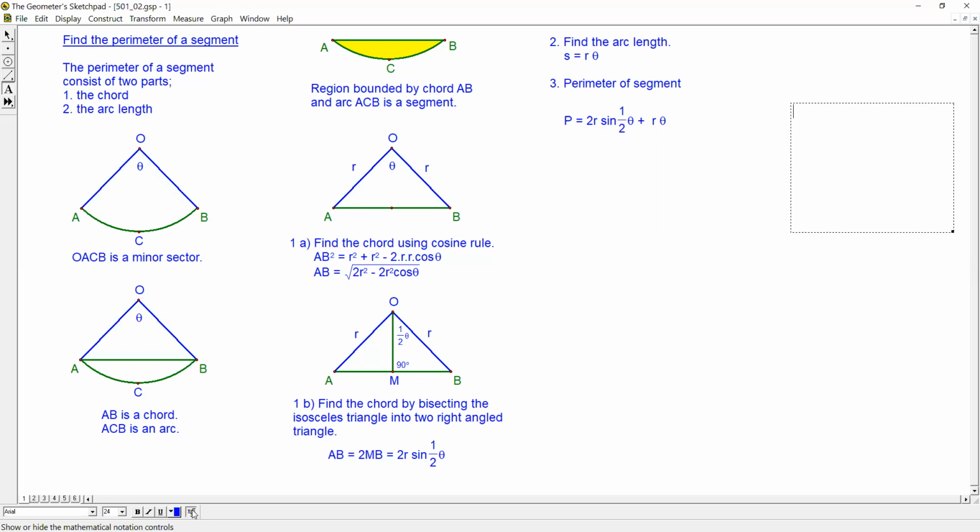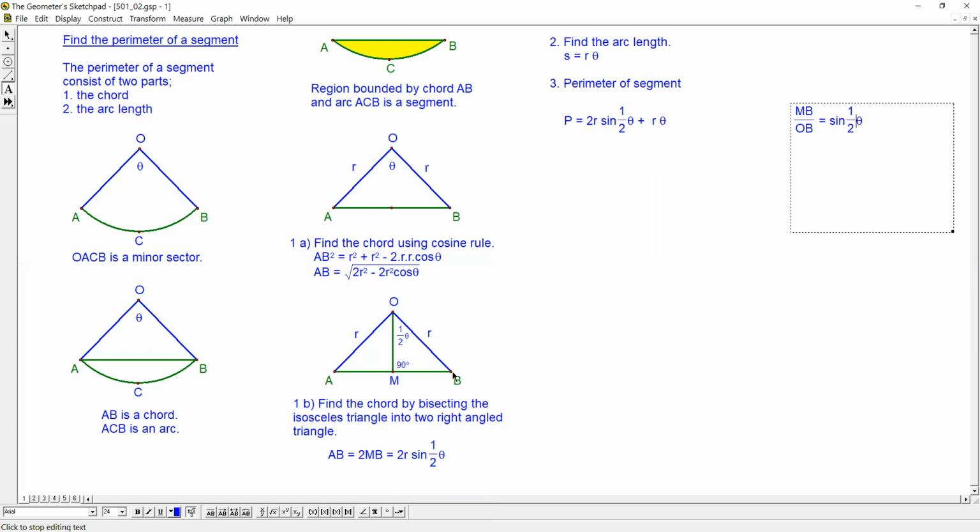You consider that right angle triangle: MB is the opposite, divided by the hypotenuse OB, equals sine half theta.